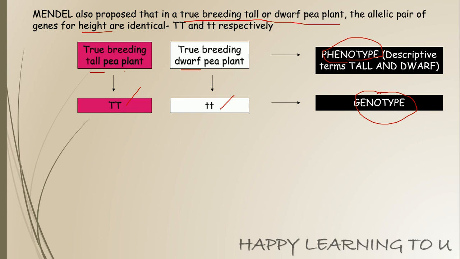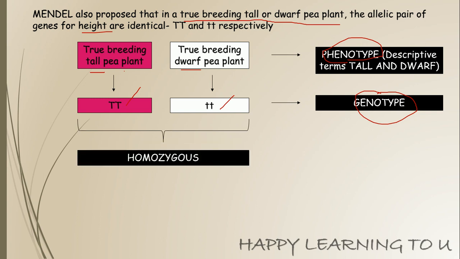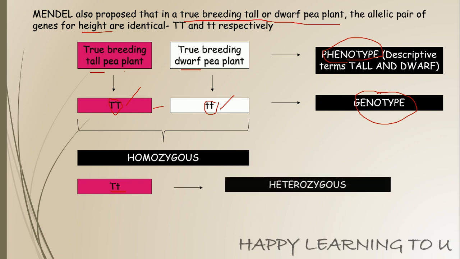Phenotype is the descriptive term and genotype is the alphabetical term. Now, since the capital TT and small tt, these two allelic pairs are identical, both the letters here are capital and both here are small, these are known as homozygous. Whereas when one is capital and one is small, it will be known as heterozygous.